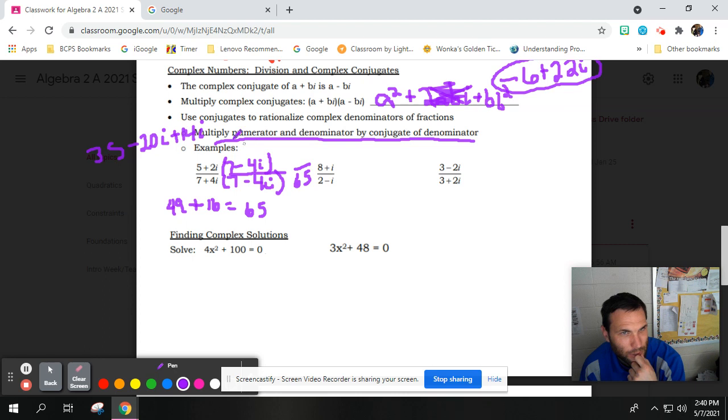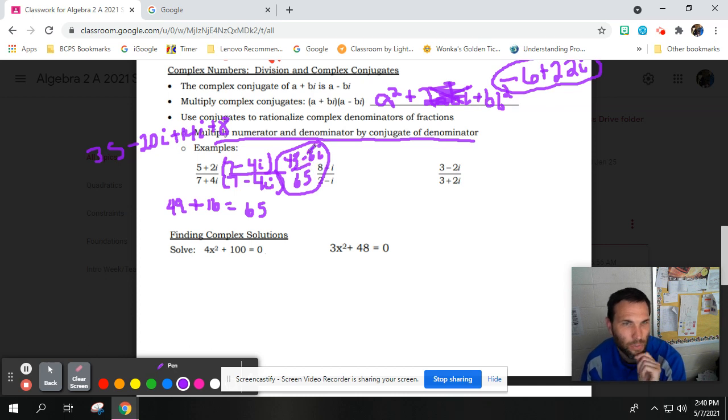And 2 times negative 4 is negative 8i squared, which turns into positive 8. So 35 plus 8 is 43, and negative 20i plus 14i is negative 6i. And that's fine.